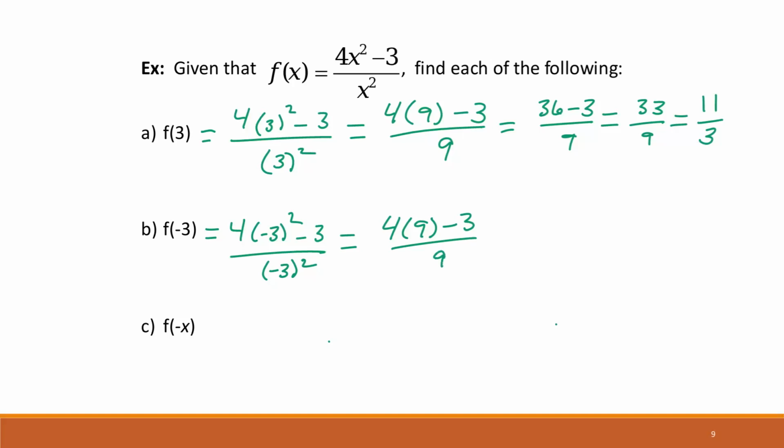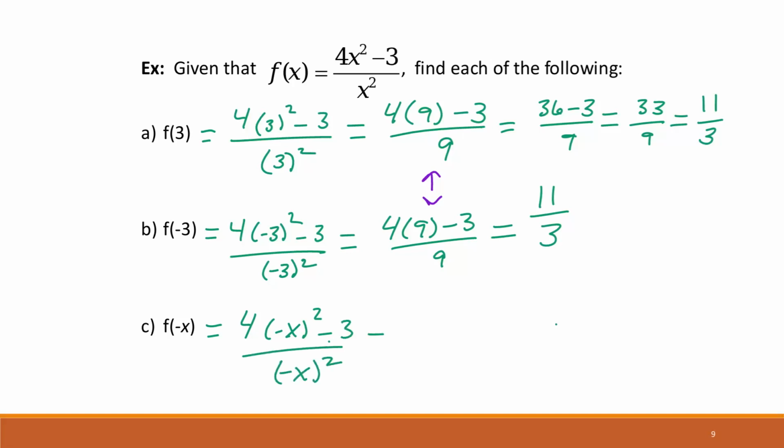So you see these two are the same step here, which means that our final answer will also be 11/3. So this last one, if we substitute in a negative x for our x, you'll see again, because the exponent is even, we're going to get the exact same problem we started with.